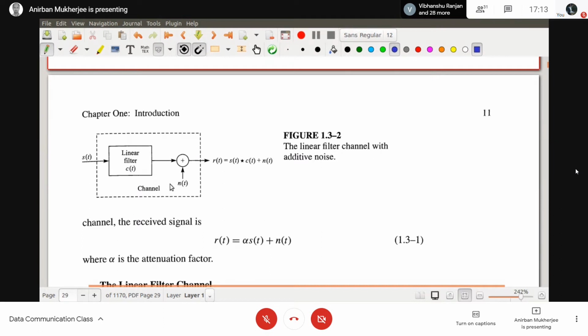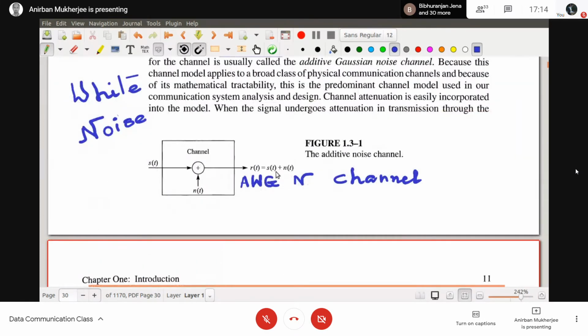My channel is characterized by c(t) and n(t), where r(t) is the convolution of s(t) with c(t), plus n(t), as the output. Okay. So this is my received signal. This is the input of the receiver. Try to understand, this r(t) is the input of the receiver. That means if your c(t) is delta(t), then you are going back to the previous model. Okay.